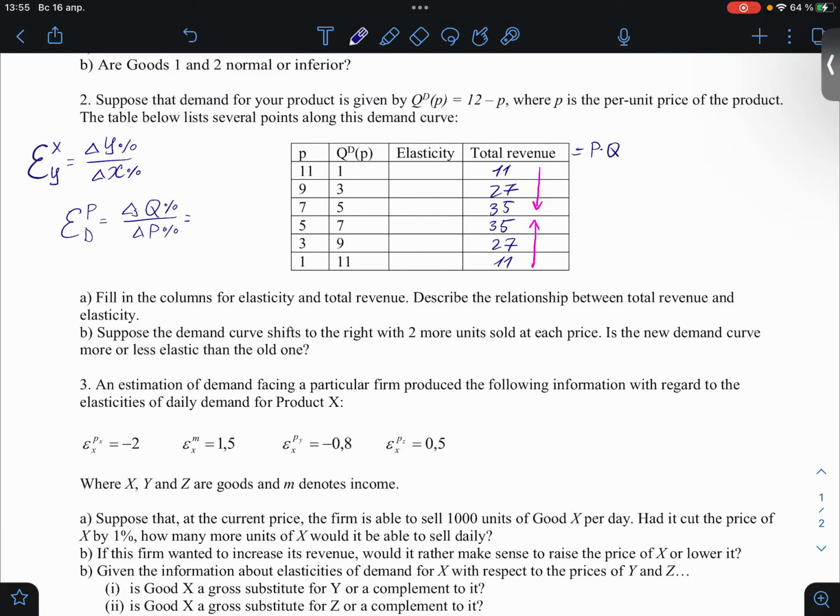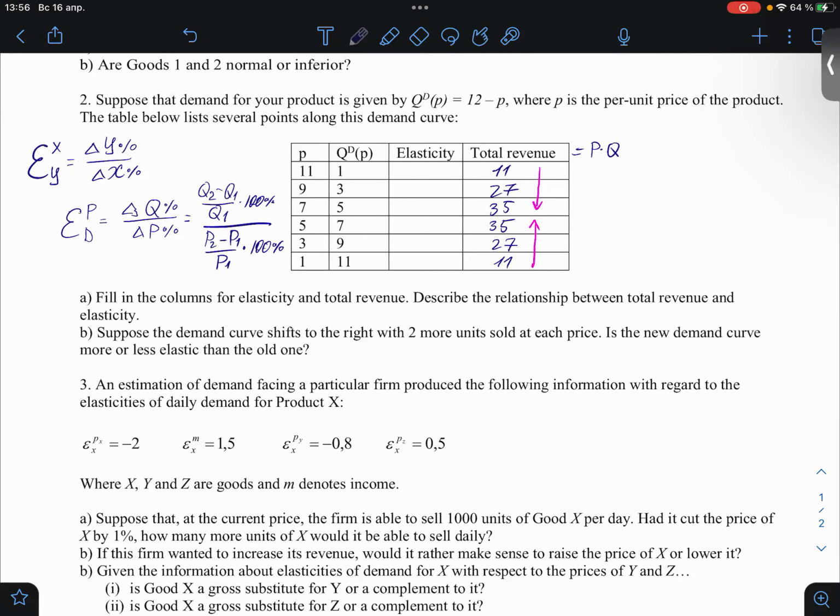We can open it. It is the quantity demanded after change minus the quantity demanded before change of price over quantity before the change multiplied by 100%, over price 2 minus price 1 over price 1 multiplied by 100%.